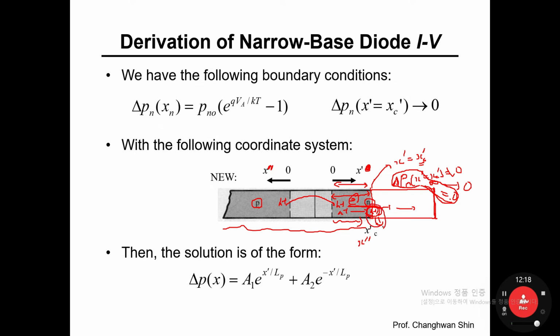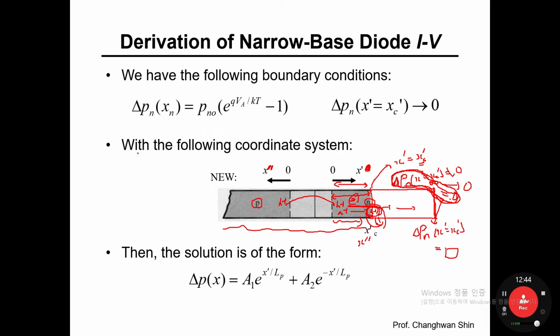So part of the injected holes are left alive. So we should negate this boundary condition. Instead of that boundary condition, we should use delta p sub n at x prime of xc prime, which should be something. Okay. All right.